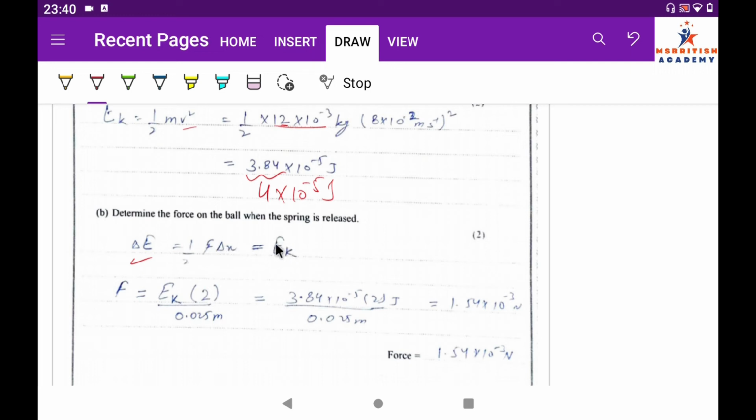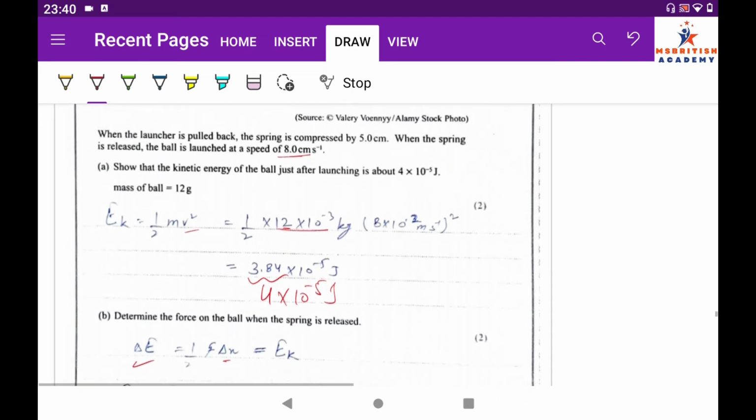So F force is equal to kinetic energy times 2 over delta x, and that is 0.025 meters.